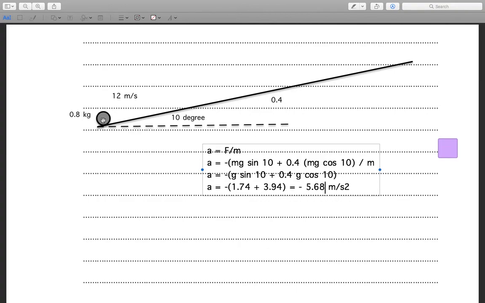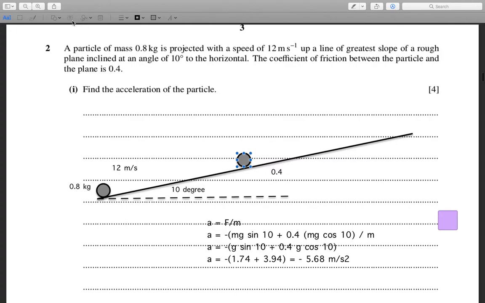Because I will draw the forces first. This is mg, and this is mg cos 10, and also this is mg sin.